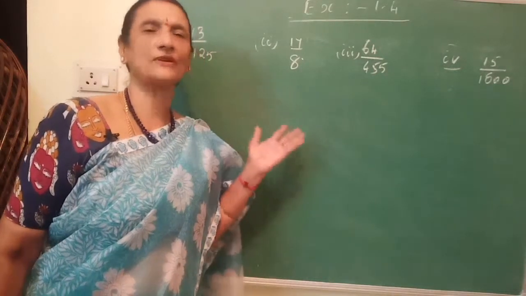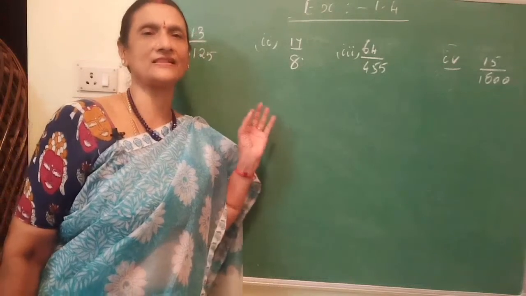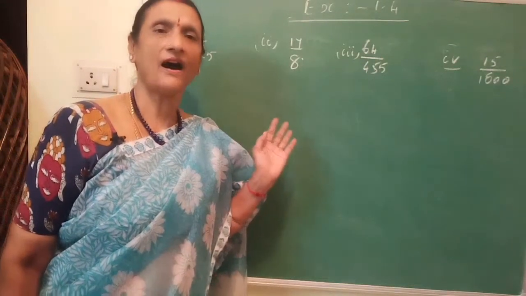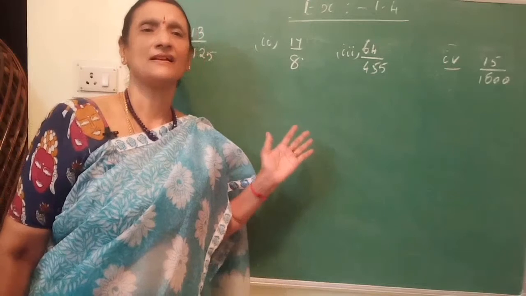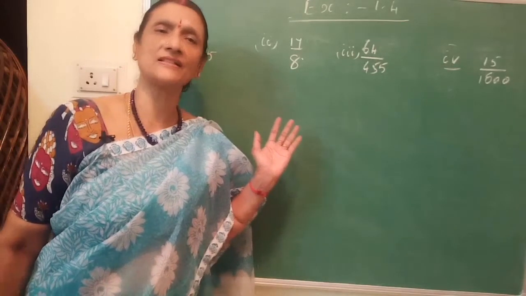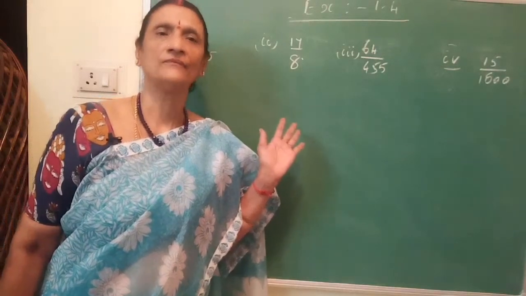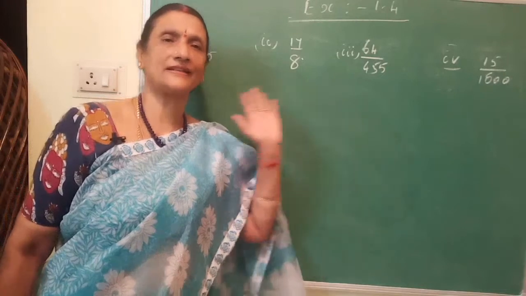If apart from that there is another prime factor, then it is non-terminating. Or if it has only some other prime factor apart from 2 and 5 or their powers, it is non-terminating. So this is the rule. Are you understanding? Now let us see.